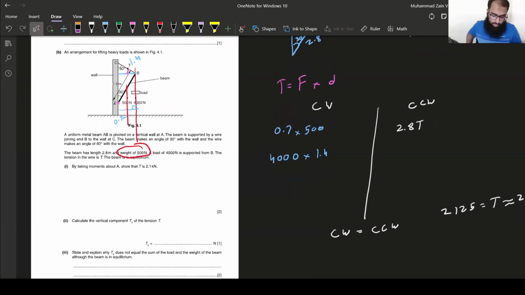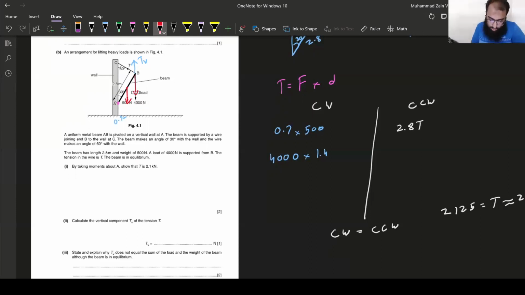So what they're asking me is, I'll just now remove all this to make this a bit clear. Why is this component TV not equal to both these forces in red, the weight of the beam and the load? Why isn't it equal to this?